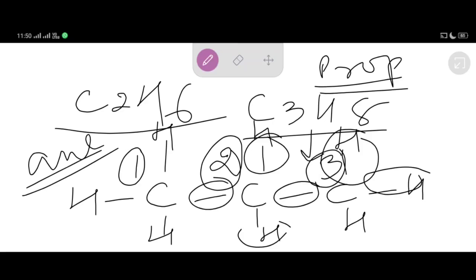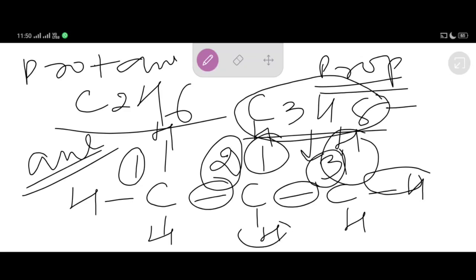So on joining "prop", used for 3 carbon atoms, plus "ane", that is propane. So the IUPAC name of this hydrocarbon is propane. C3H8 is known by the IUPAC name propane.